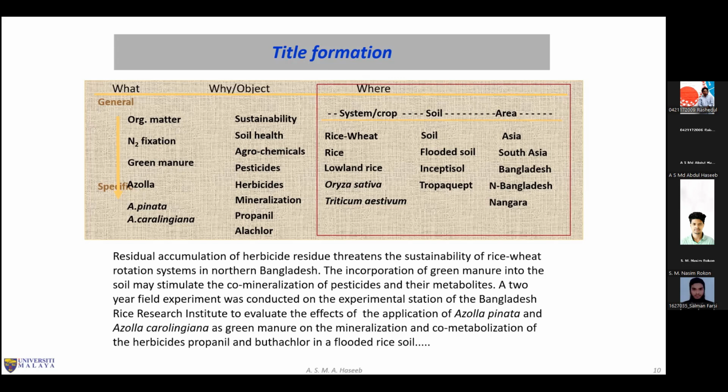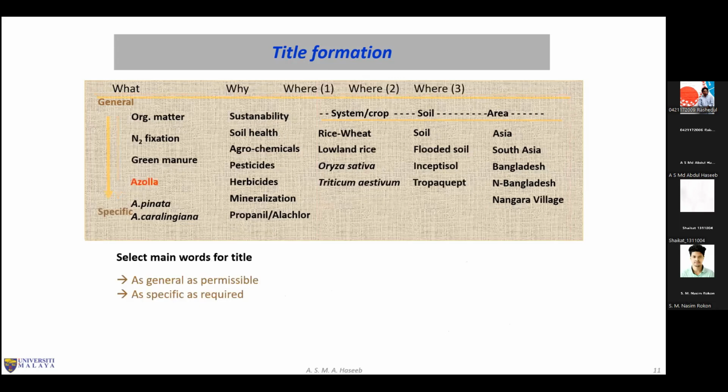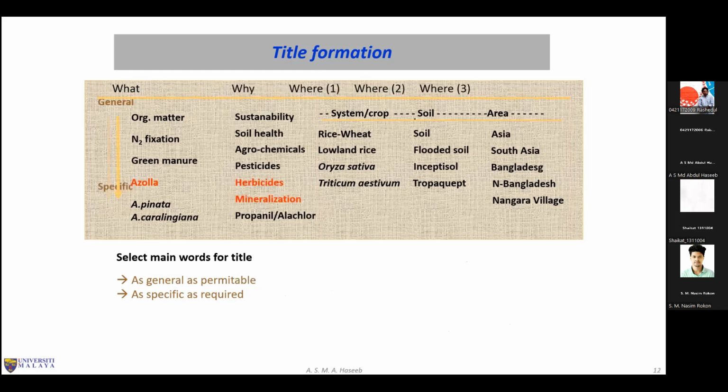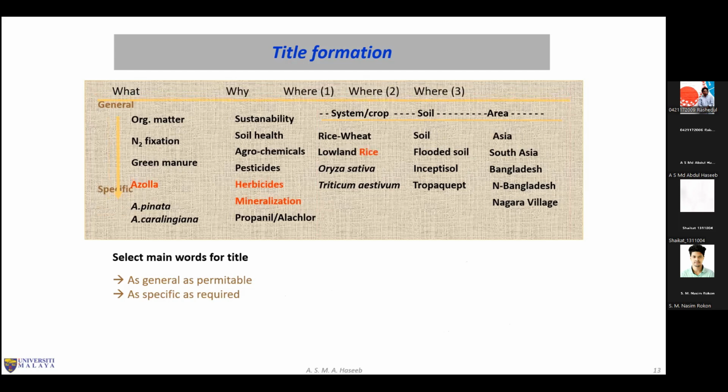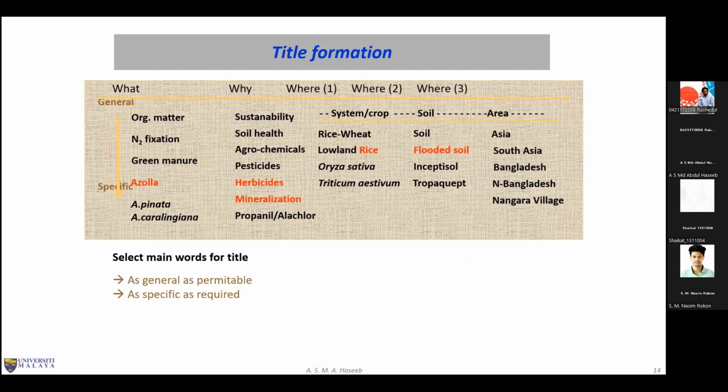For instance, if we choose Azolla, too specific, not too general, as well as a microorganism that is involved. Then here we used herbicide mineralization. We use rice, we use flooded soil, and we go up to Bangladesh. We don't go to any specific village.